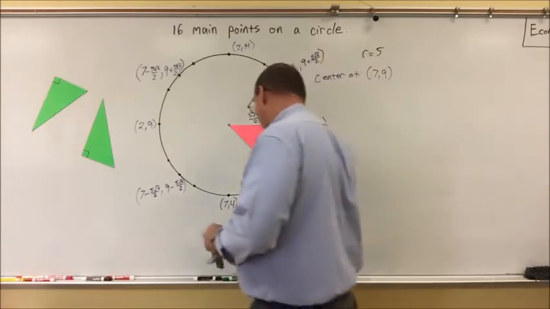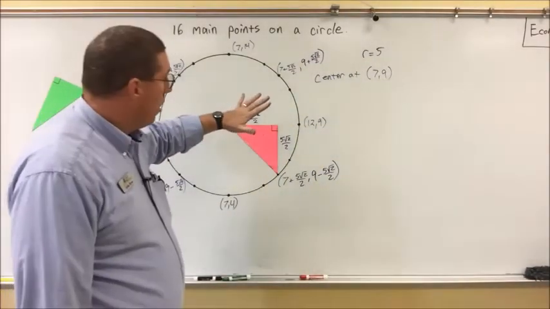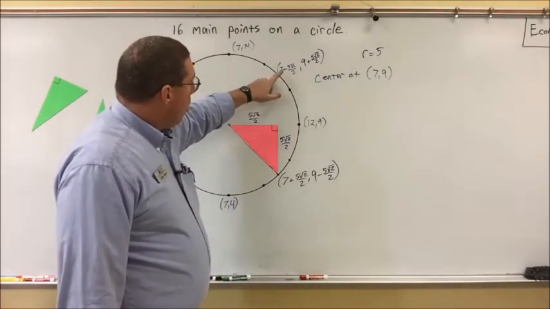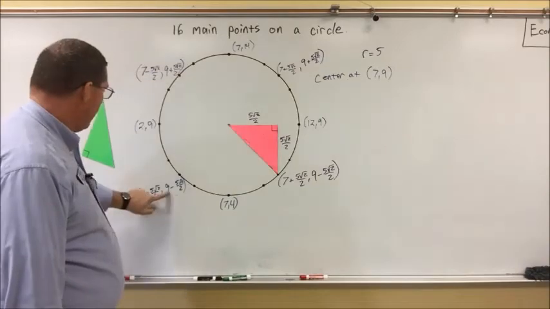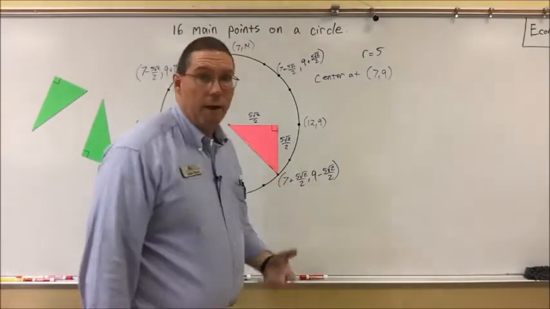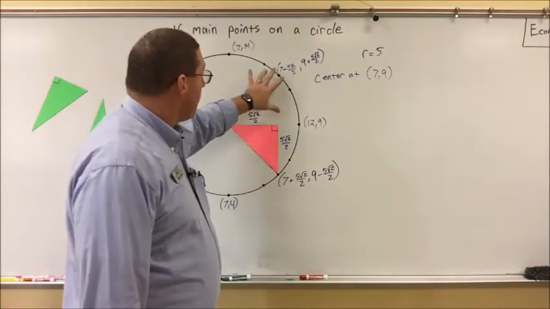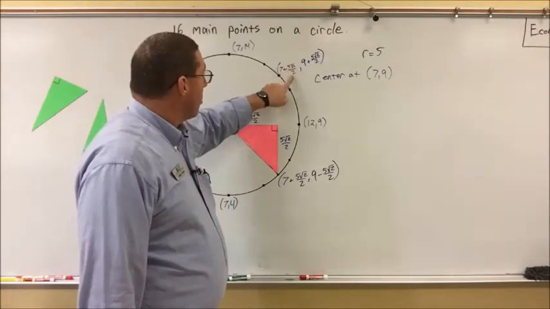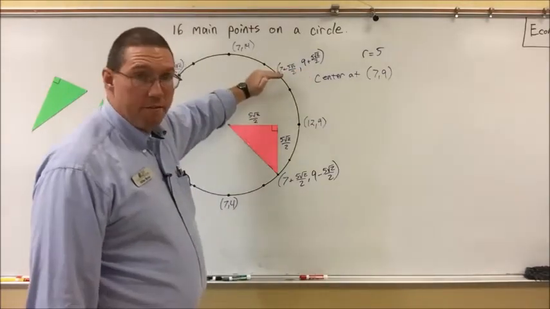And so look what we have here. The middle diagonal coordinates are all 7 and 9, 7 and 9, 7 and 9, 7 and 9, right? They're all relative to the center. But up here, we have added 5 square root of 2 over 2 to both of them because we went positive, positive.